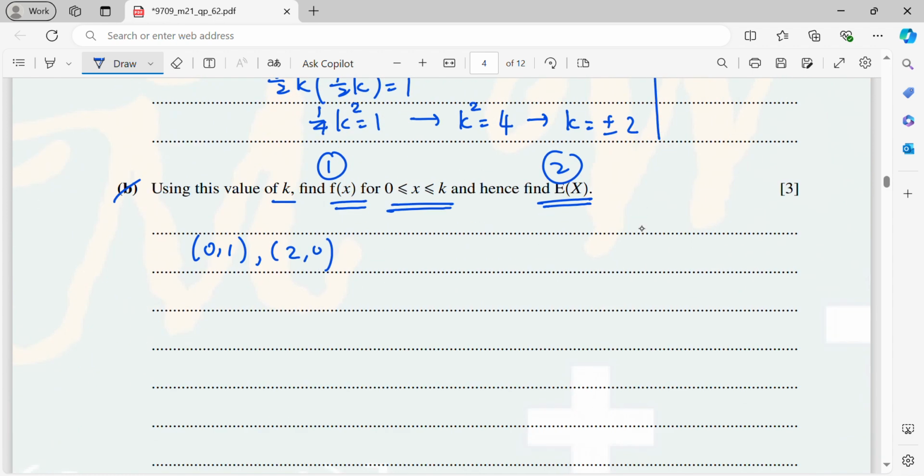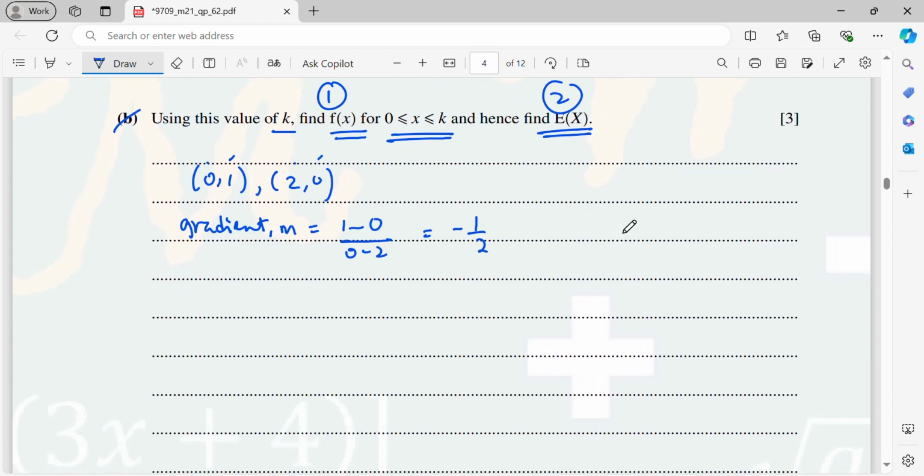Then the gradient m equals (y1 minus y2) over (x1 minus x2), so 1 minus 0 over 0 minus 2. Then you will be getting negative half. Now I use the formula for the equation of f(x), that is the straight line.